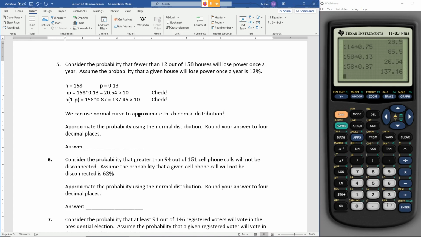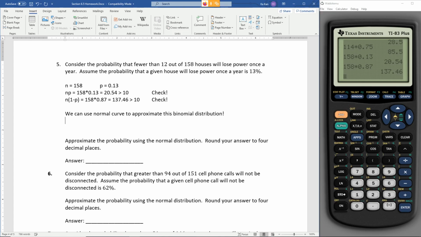So now the question is, how do we do it? First, we need to find the mean and the standard deviation. So this normal distribution will have the same mean and standard deviation as the above binomial distribution.